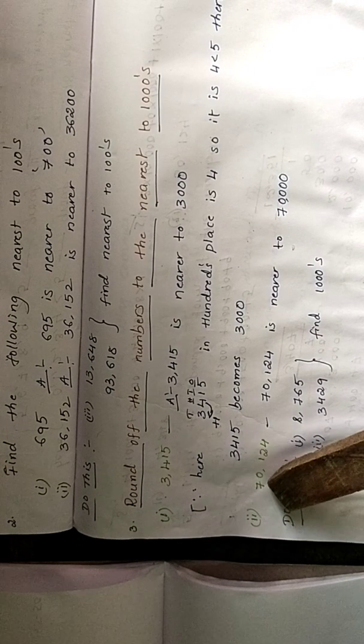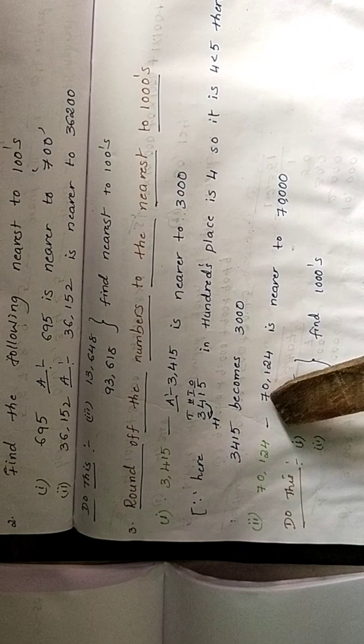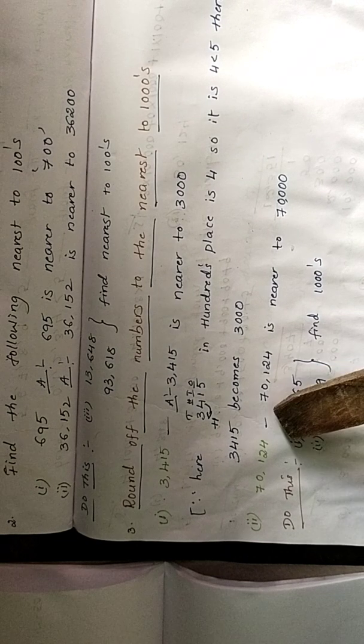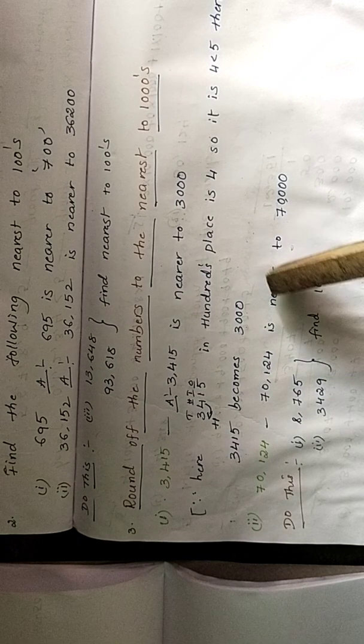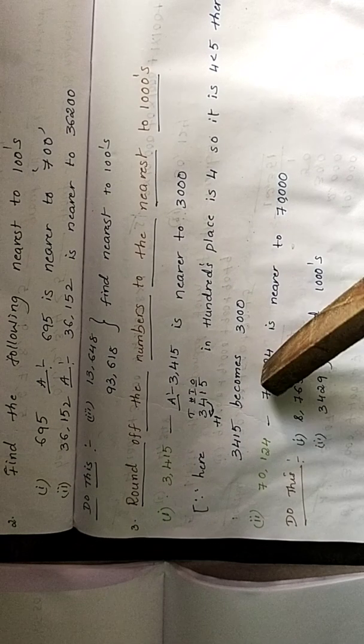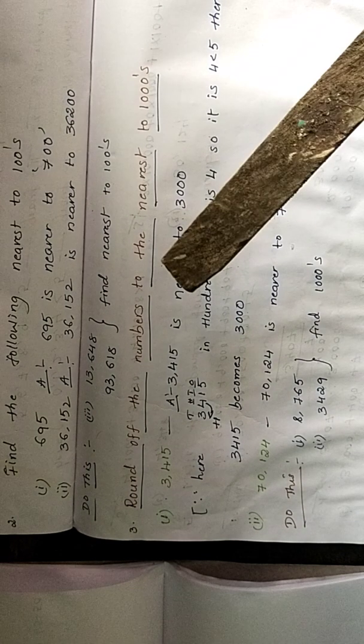Next, 70,124. So 70,000, this is up to the 10,000s place only. You see properly here, ones, tens, hundreds, thousands, 10,000s. Okay children, 70,124 means here the thousands place is 0. 0 will become 0 only.